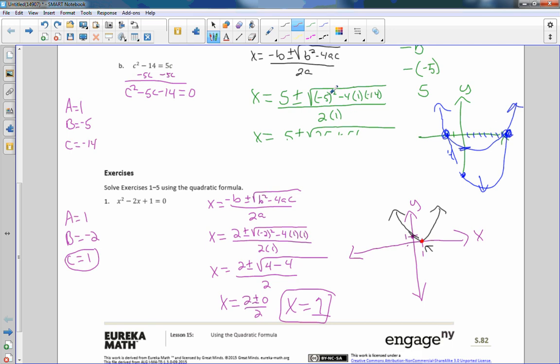So this was 25 plus 56. Okay, so if I add 25 and 56, that was 81, and that gave me 9. And that gave me my solution here and here. So when the discriminant is positive, I get 2 real roots.